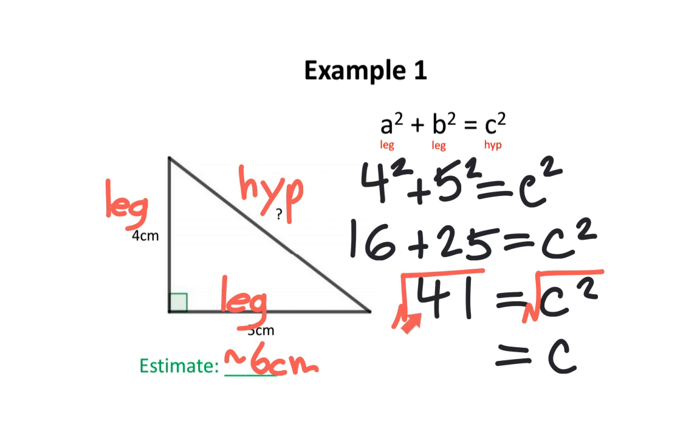Next, we can take the square root of 41, and that is going to give us approximately 6.4. We estimated the length of the hypotenuse to be about 6 centimeters. Through our calculations, we determined the hypotenuse to be about 6.4 centimeters, which is pretty close to our estimate.